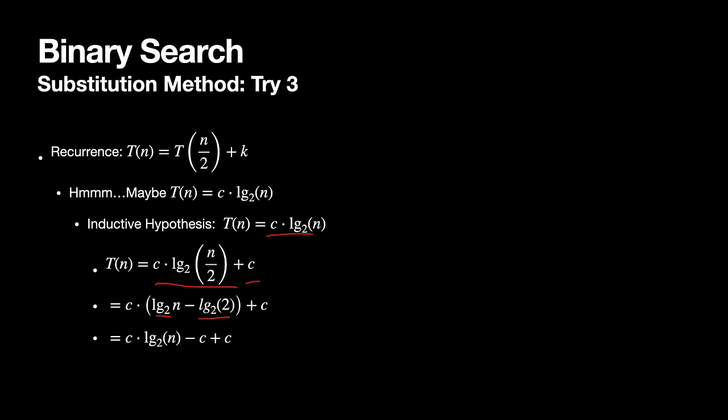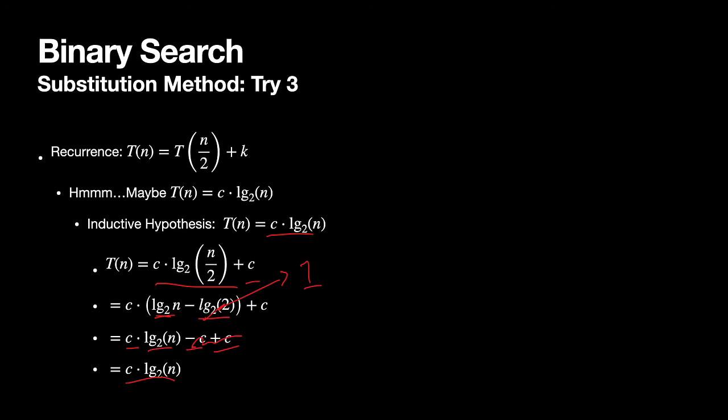And we can multiply through by c. The log base 2 of 2, by the way, is 1. So when we multiply through by c, we get c times the log base 2 of n minus c times 1, plus our c, and of course these last two plus and minus c's will end up canceling out.